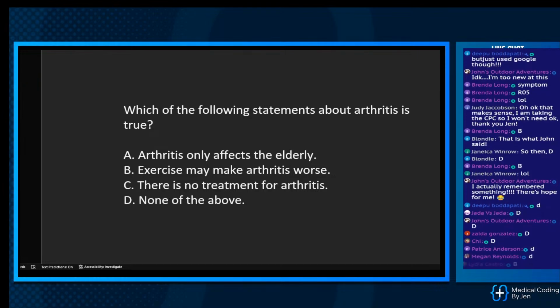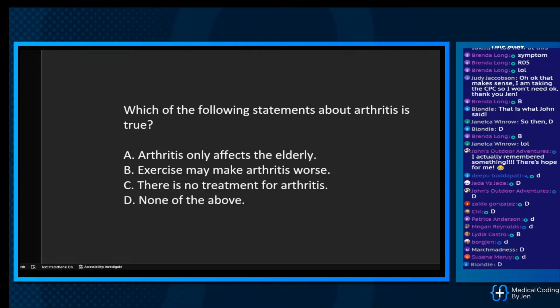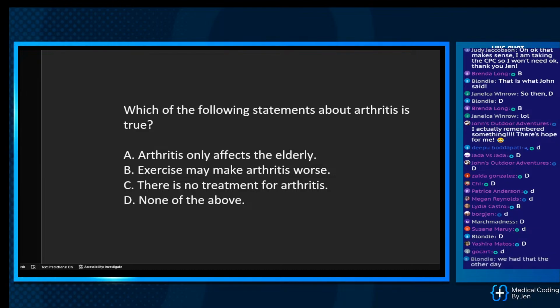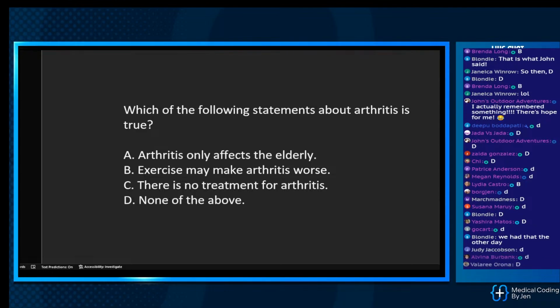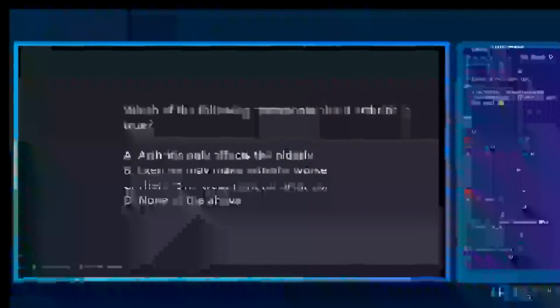But no using Google. What is AAPC's favorite answer? Come on, guys. What's their favorite answer? We had that the other day. I've said this one several times. None of the above. All that's just wives' tales, things that get spread over the internet that are not true.